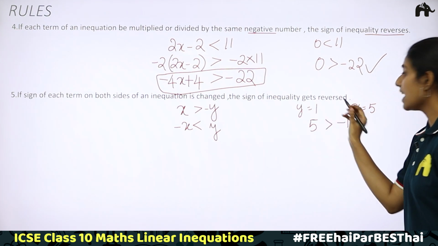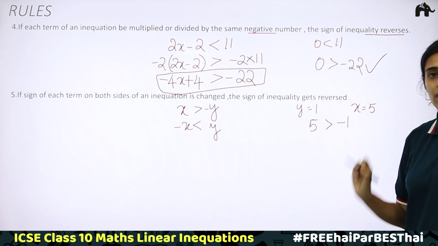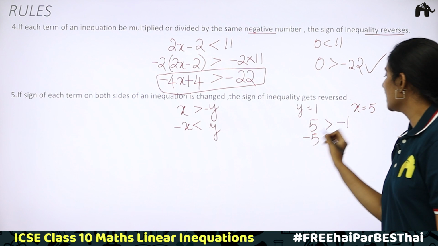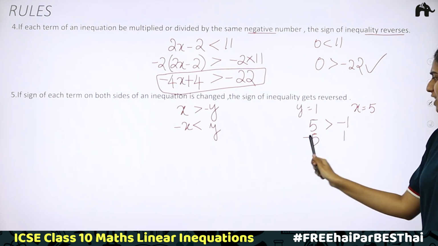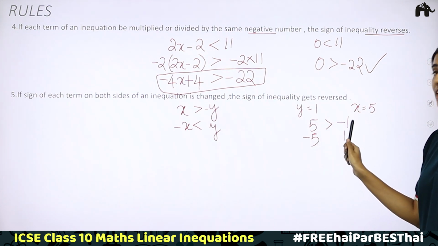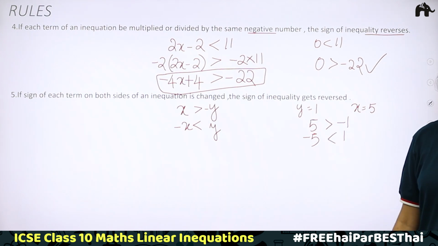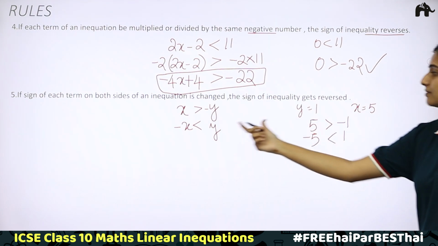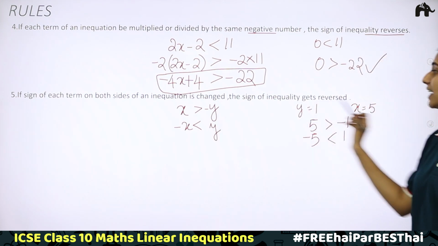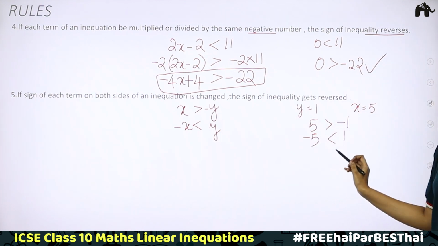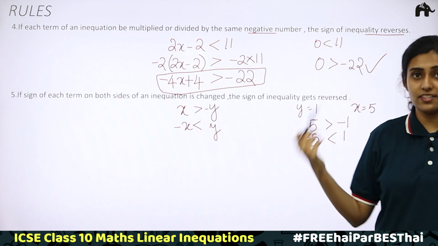Now, for this, I am going to change the signs. That is, plus 5 will become minus 5 and minus 1 will become plus 1. Which is greater, minus 5 or plus 5? We have changed the signs on both sides. You know that 1 is the greater number. It is following the rule. Value of y is 1, value of x is 5. Minus 5 is less than 1. This is our fifth rule. Here again, the sign of inequality reverses.